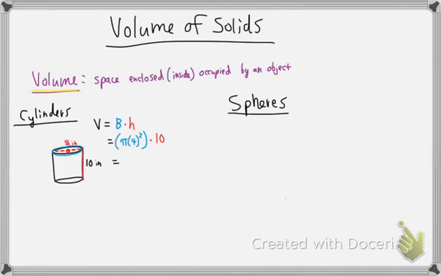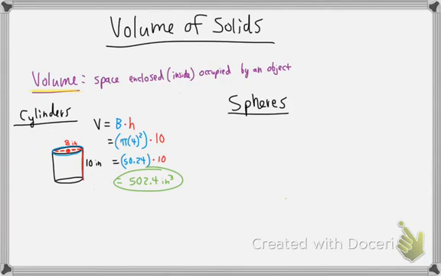So if you take pi times, let's see, 4 squared is 16. If you take 16 times 3.14, you're going to get 50.24 times 10. That's going to equal 502.4 inches cubed.